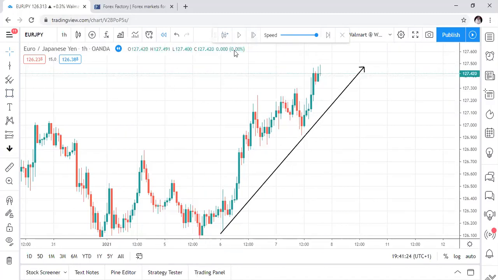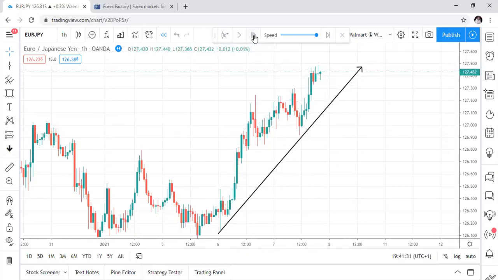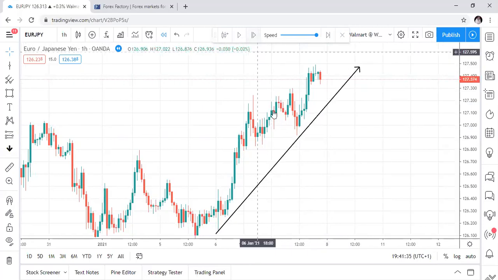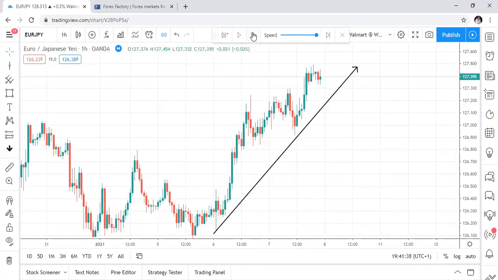Then you're going to wait for a break of that structure.